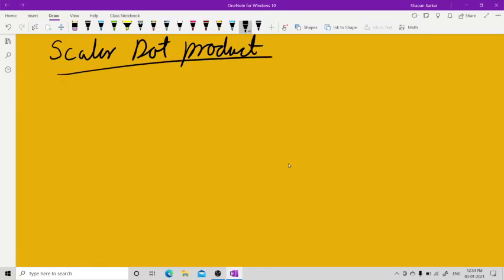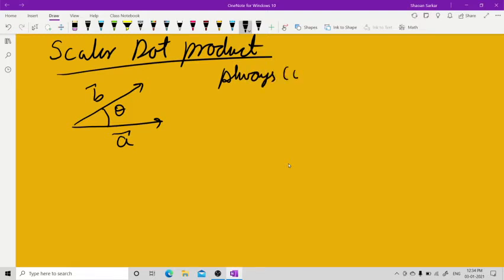Now you have a vector, say this is your B, this is your A, and the angle between them is theta. You always need to consider the acute angle. You know what is an acute angle? I did not tell you.